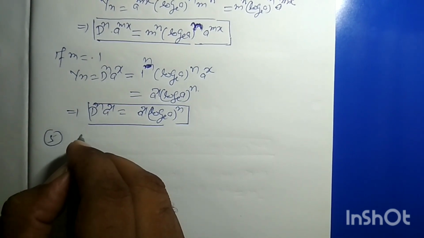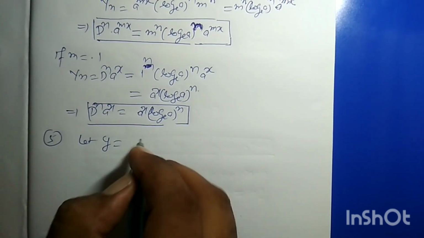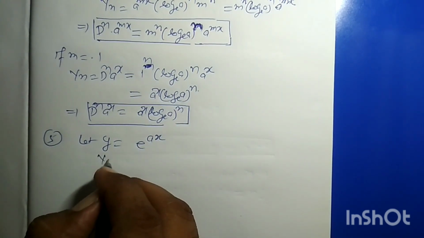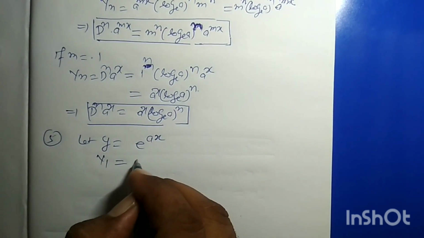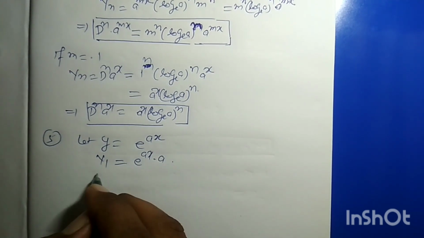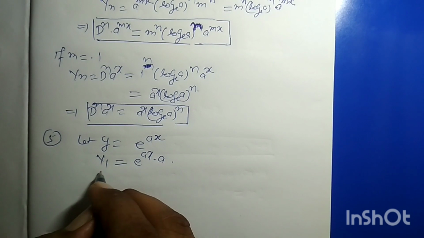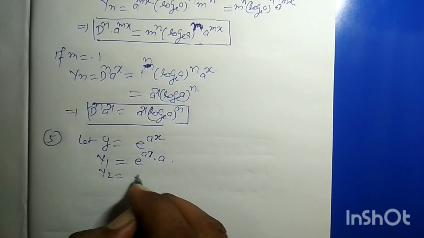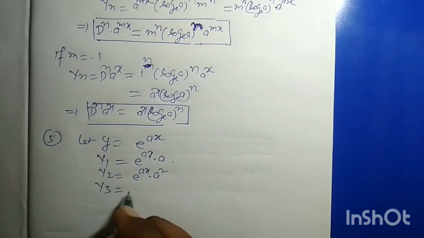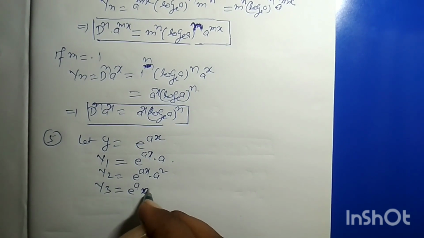Next one, let y is equal to e की power ax. So firstly we find the first derivative y1 differentiate with respect to x, e की power ax into a, and second derivative y2 is equal to e की power ax into a square. Third derivative y3 e की power ax into a की power 3.